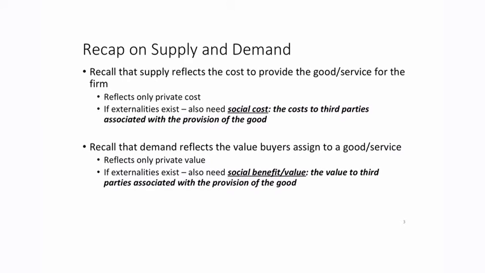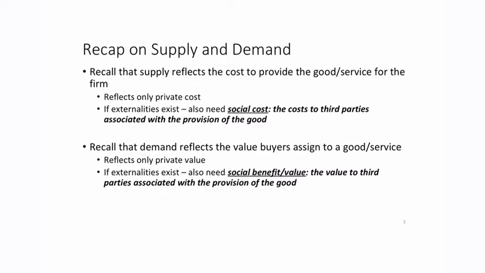Let's talk about supply and demand. Recall that when we look at supply and demand, the cost reflects the private cost to the firm to provide the good or service into the market. It does not account for the social cost associated with their decisions impacting bystanders. The same thing with the benefits.